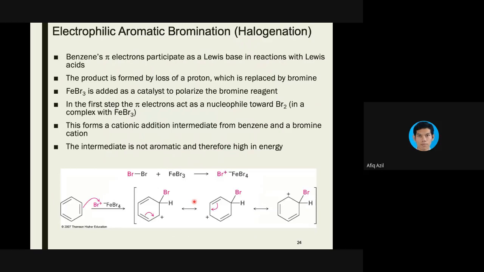So as you can see here, this step is only for bromination. This is the step before the actual mechanism happens.